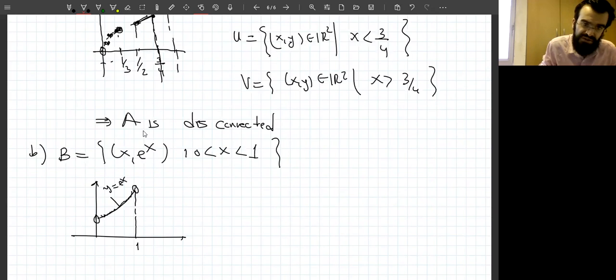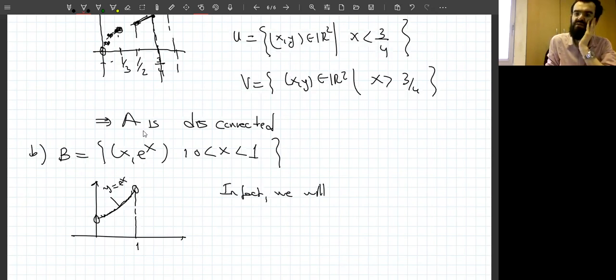Our set here. So B is not compact, you may see. Now, in fact, we will show that this B is path connected, so it's connected.